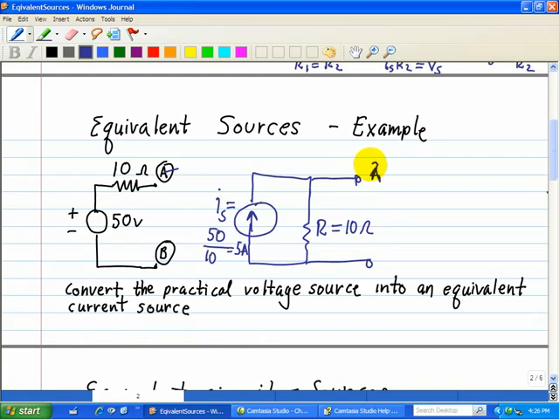So this is terminal A and this is terminal B. It has the same current and voltage characteristics associated with that device. Okay, so the IV characteristics shown here and here are identical to the one with the current source.